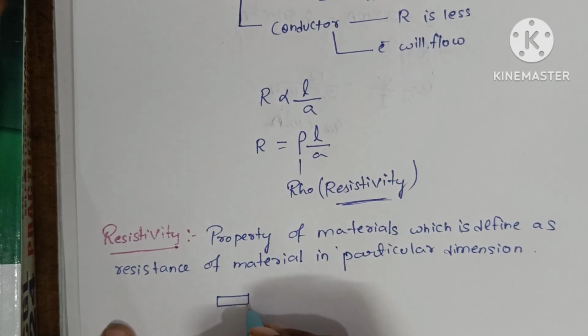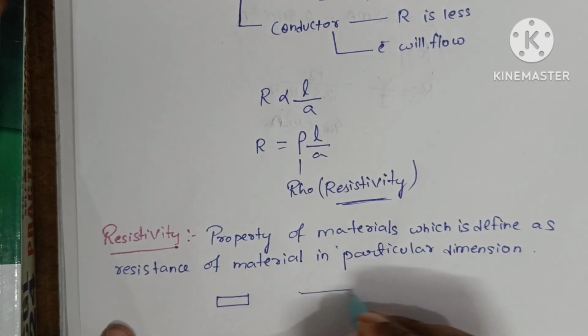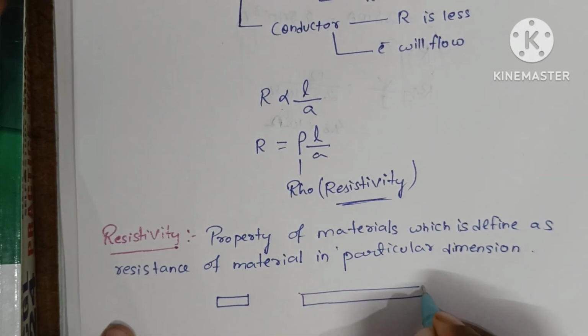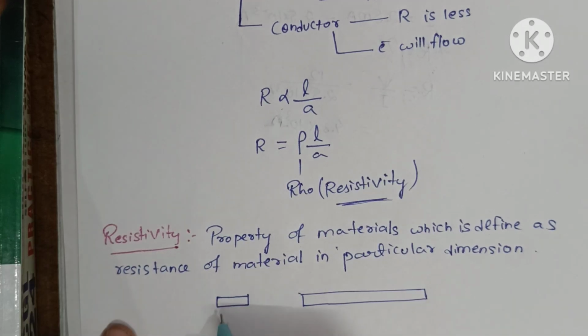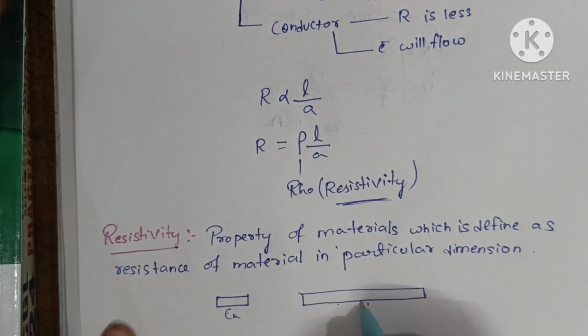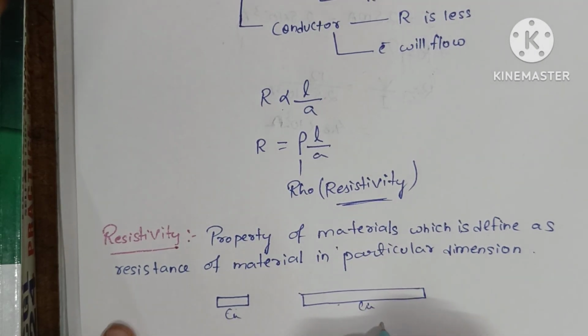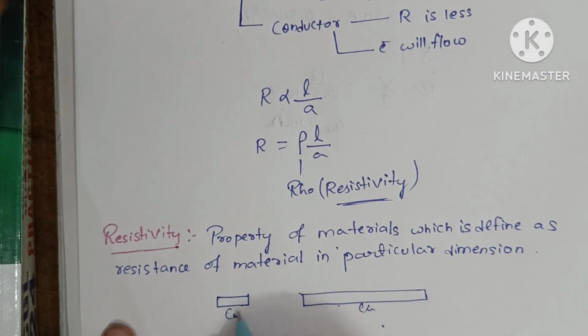Okay, so if you take one copper wire whose length is small and another whose length is more, the resistivity of these two is the same, because this is a copper wire and this is also a copper wire. So the resistivity of these two is the same, but the resistance changes, right? Resistance depends on length. As length increases, resistance increases. As length decreases, resistance decreases.